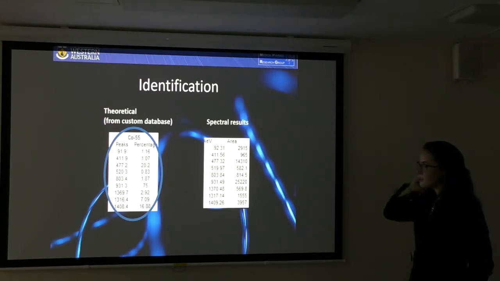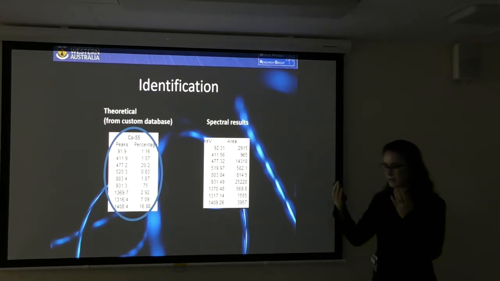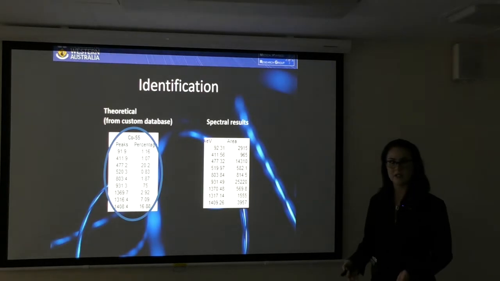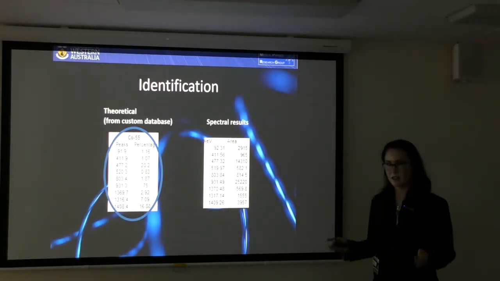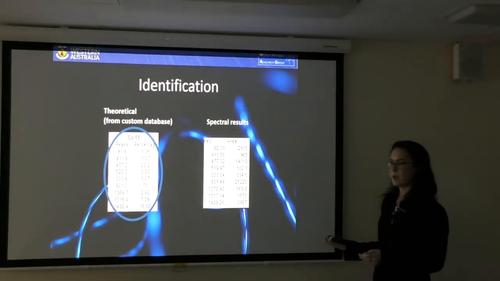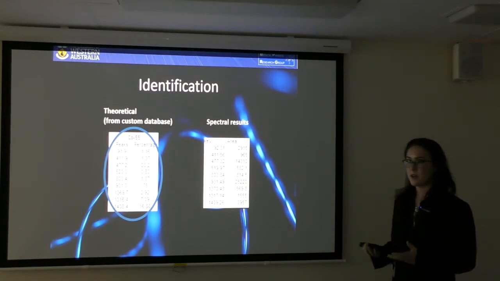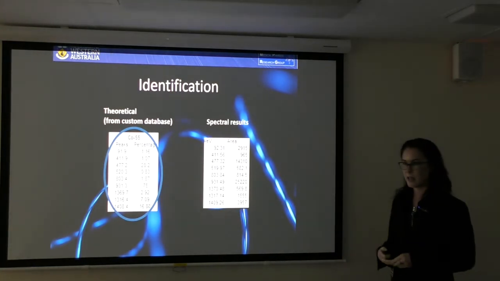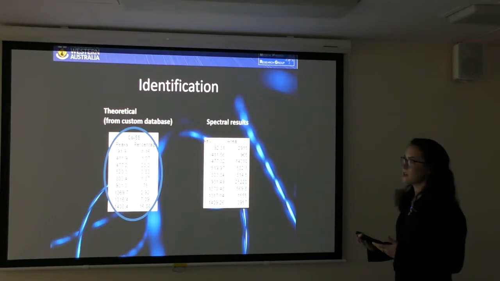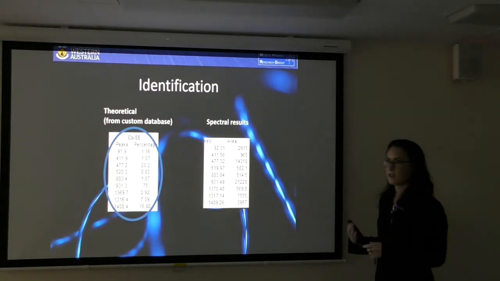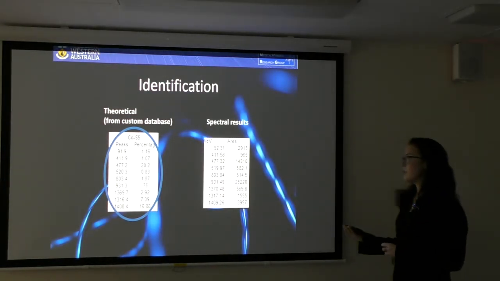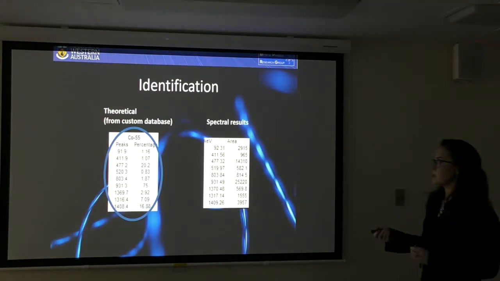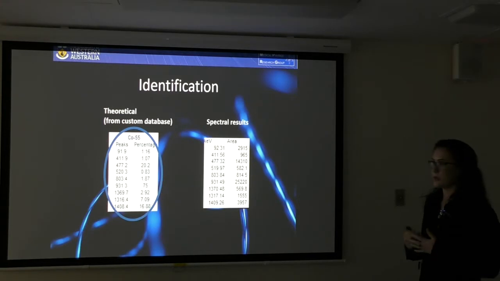And what I did was I had all my samples and they gave me a list of channels and their energies. And for every single energy, I typed it into my MATLAB database. It would then give me a few isotopes that could possibly belong to that peak. And then through a process of deduction, I would find the isotope that it belonged to. So, for example, beryllium-7 actually shares the 477 peak.